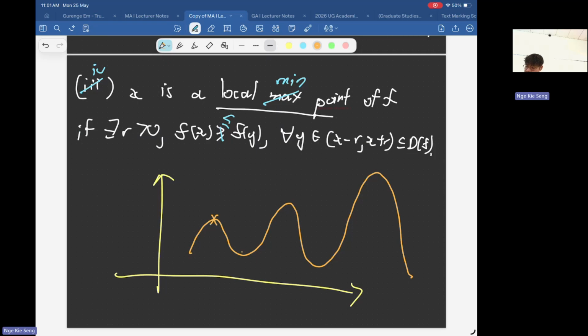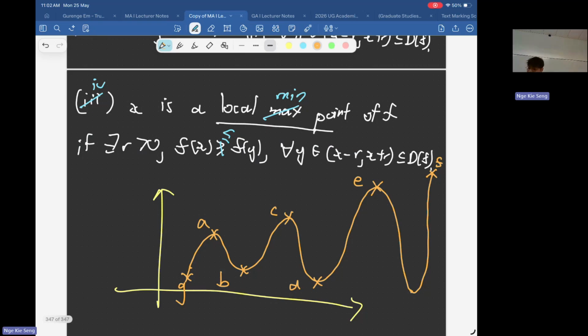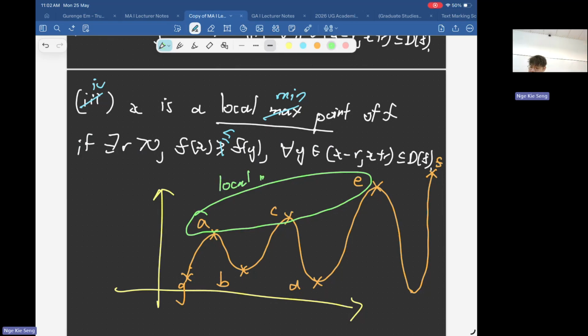Maybe I pick some points here: A, B, C, D, E, F, and maybe here, G. Tell me which one is a local max, local min, and which one is max or min? A, C, E are local max, because you have some open neighborhood around each that makes it a maximum.